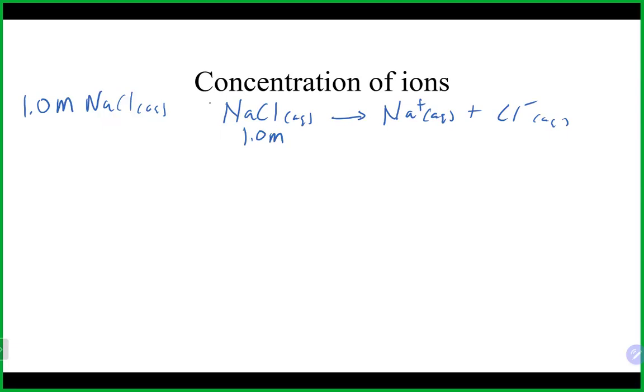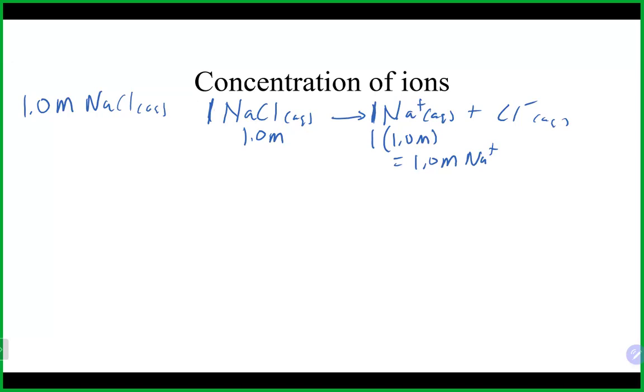This is a 1-to-1 relationship between the whole thing and the sodium ions, which means to get the concentration of the sodium ions, we take 1 times 1 molar, so this solution is 1 molar in sodium ions. We could do the same thing for the chloride ions.